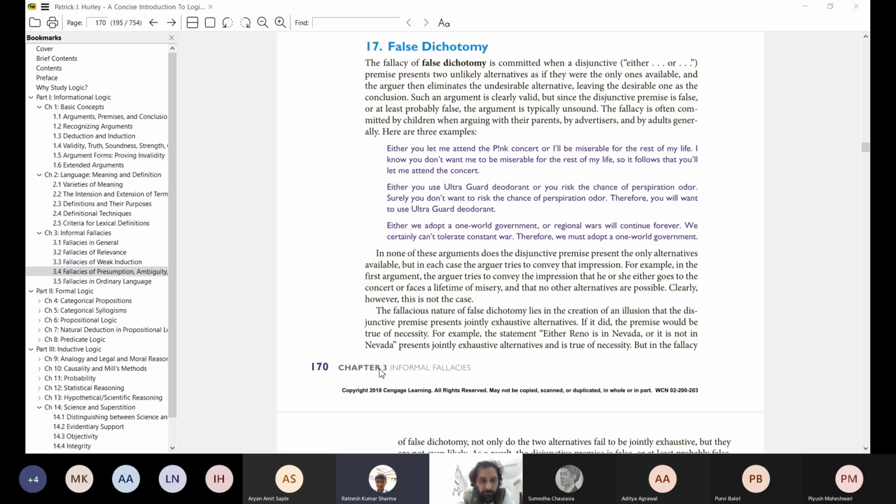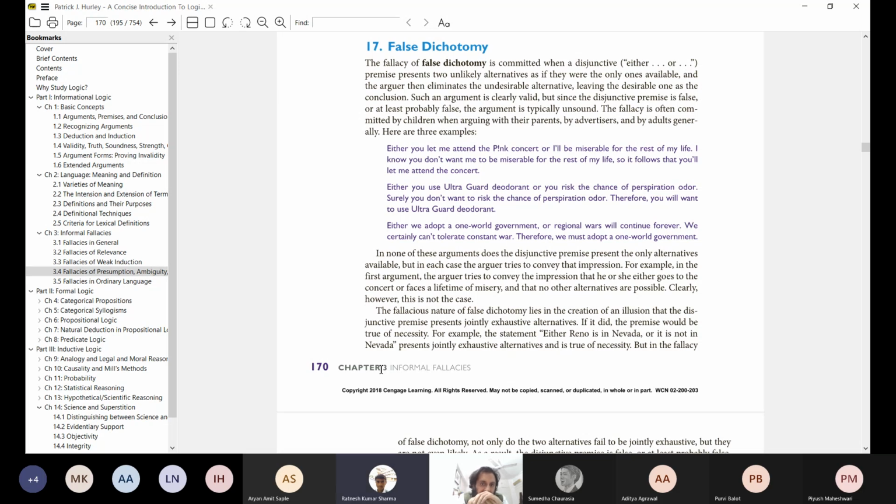Okay. So yeah. So the fallacy of false dichotomy is committed when a disjunctive, either-or premise presents two unlikely alternatives as if they were the only ones available, and the arguer then eliminates the undesirable alternative, leaving the desirable one as the conclusion.